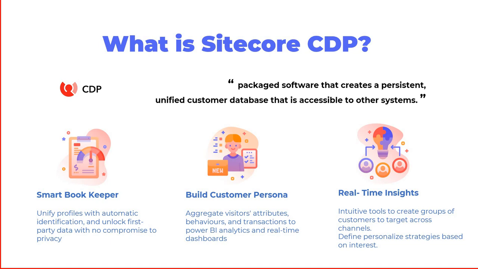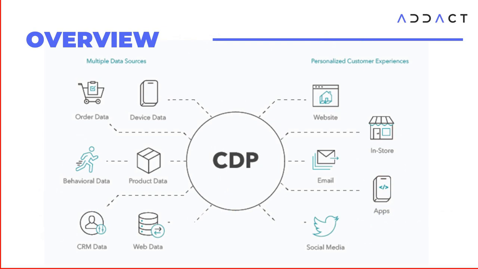A CDP is like a superhero behind the scenes. It remembers all your preferences and all your likes. It keeps all the information in one handy place, so that next time you visit the same website, it suggests the same shoes which you already liked. It's like having your own personal shopping assistant, making your online shopping experience super convenient and personalized.